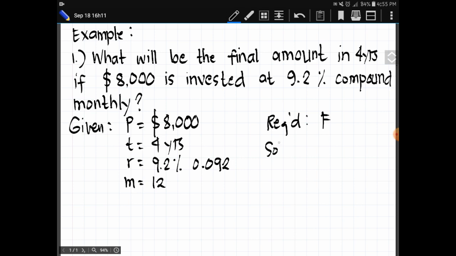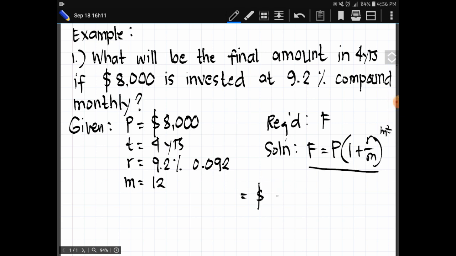Therefore, our solution will use this formula: F is equal to P multiplied by the quantity 1 plus r over m raised to mt. Substituting the values, $8,000 multiplied by 1 plus the rate, which is 0.092 over 12, raised to 12 times the time, which is 4 years.